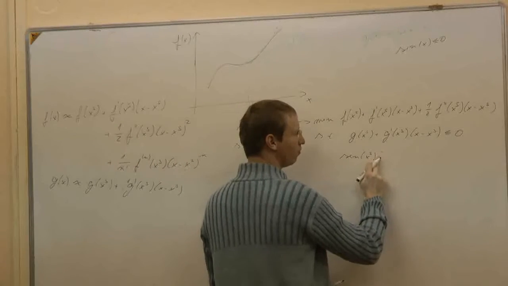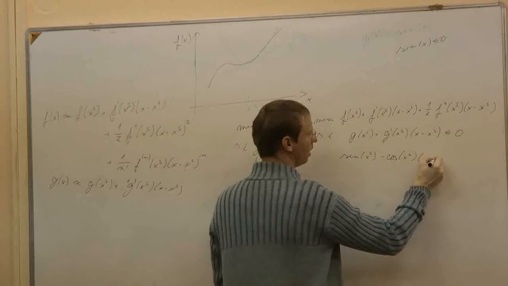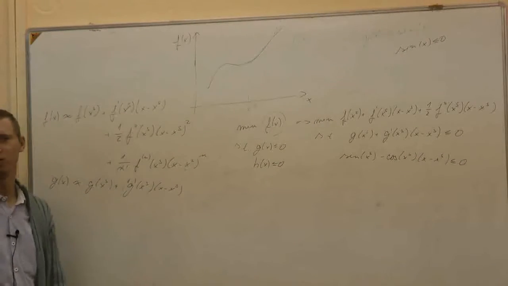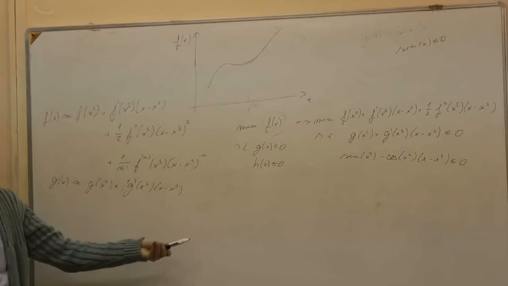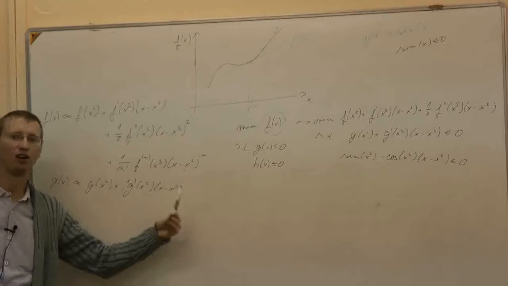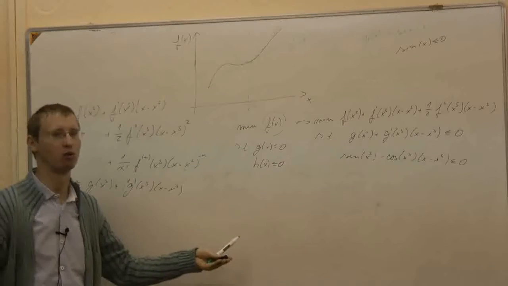So here we have minus cosine of xs times (x minus xs). What kind of constraint is this with respect to those optimization variables which are x? These are linear constraints, okay? So what we have done is we have found a local approximation of that nasty problem by a very nice problem. Okay?